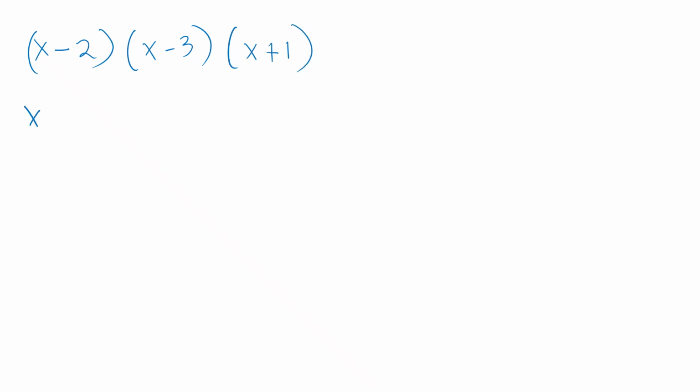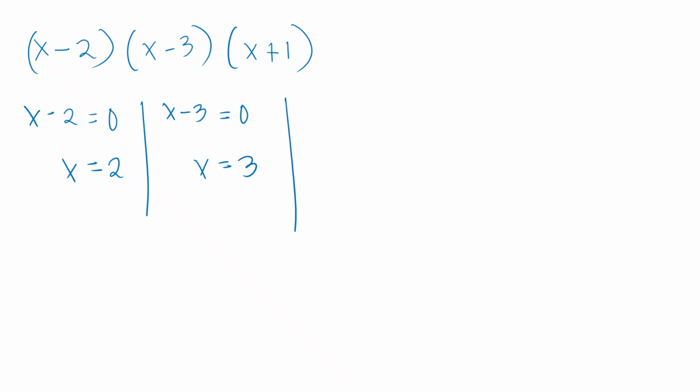So x minus 2 is equal to 0. So we have x is equal to 2. Diba? Dahil kung ating ililipat yung negative 2 sa kabilang equation, magiging positive ito. Next, x minus 3 is equal to 0. So we have x is equal to positive 3. Diba? Then, x plus 1 is equal to 0. So we have x is equal to negative 1.